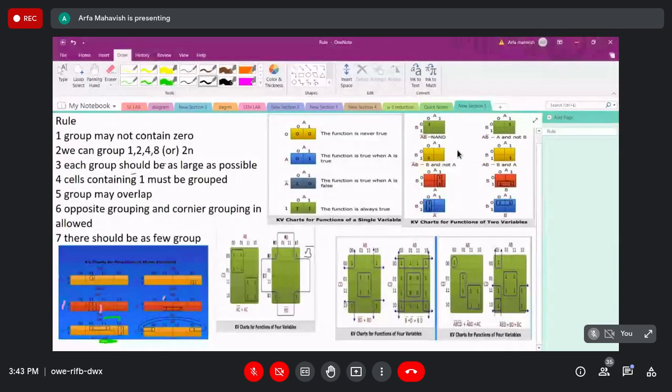In the same case you have this C, right? Look here, for D there is no combination, 0 1 0 1, so what do you have to write? Just D bar.